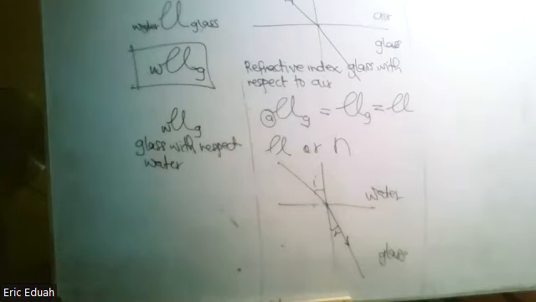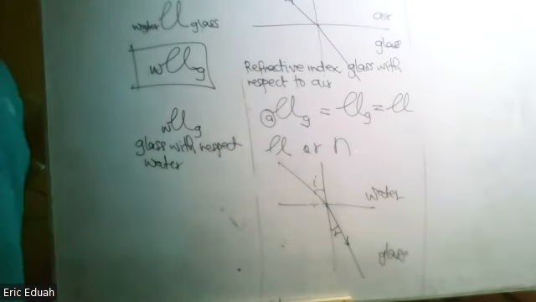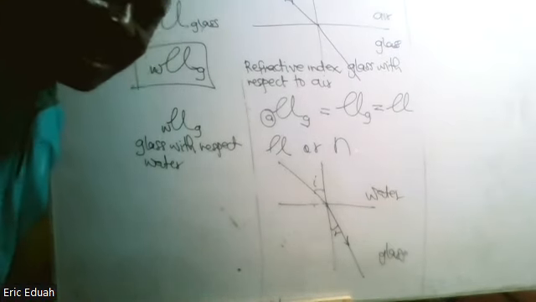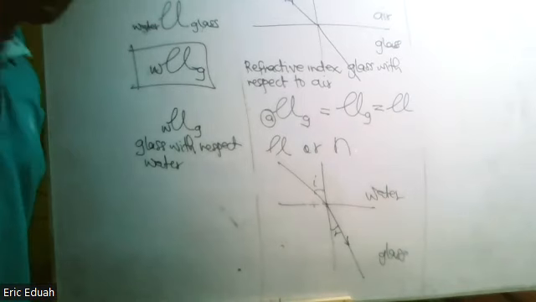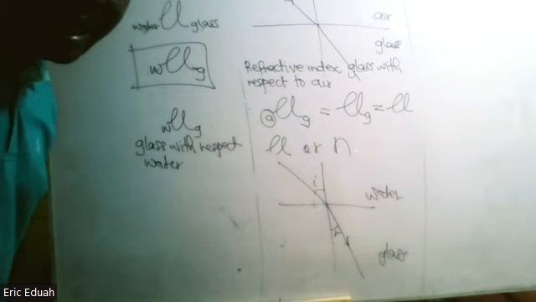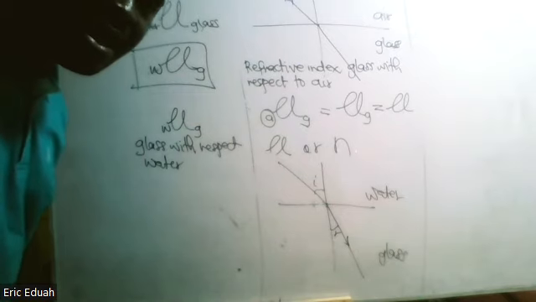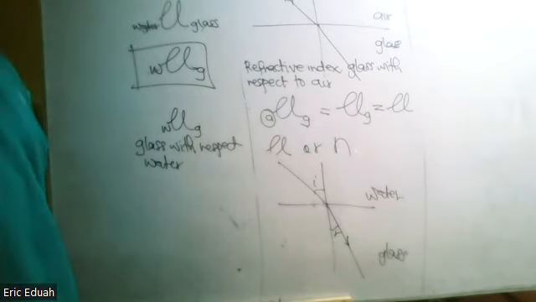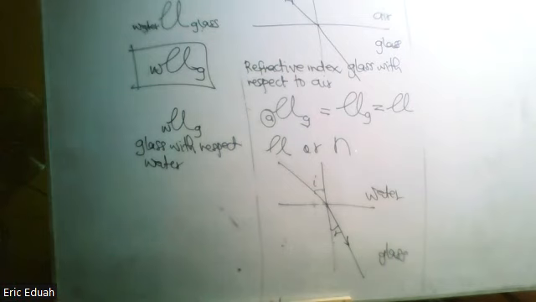So when you hear the absolute refractive index of a material, then the first medium through which the light is propagated must be air. If it is not air, it cannot be described as absolute refractive index.